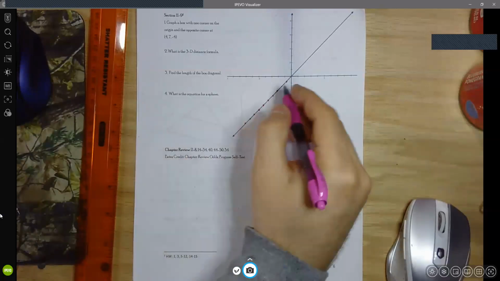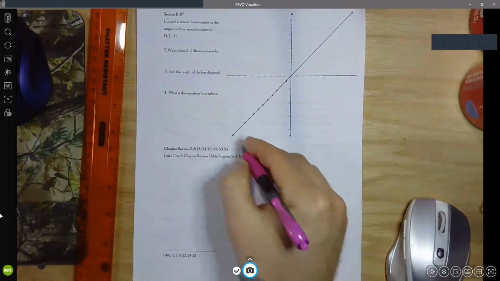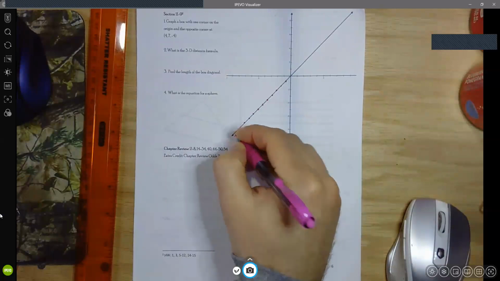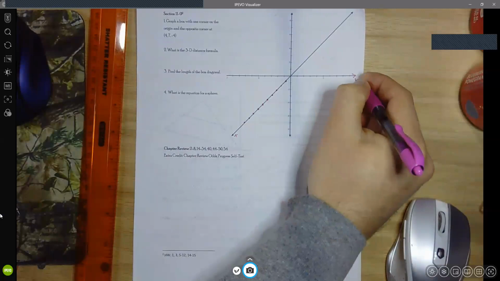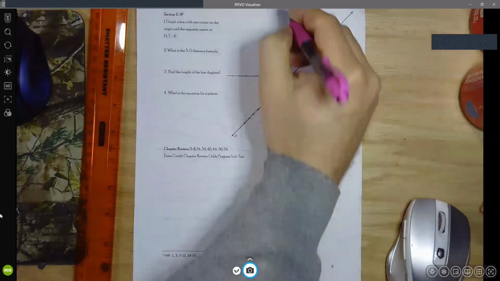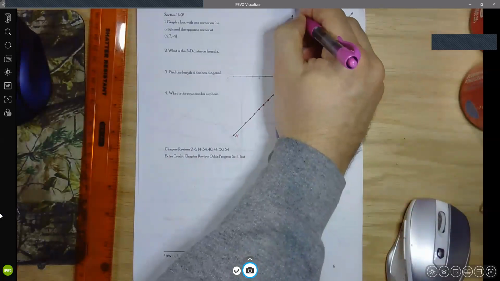So this is a three-dimensional graph, and it works a bit different. This right here is the positive x direction, and this over here is positive in the y direction, and then this up here is positive in the z direction.